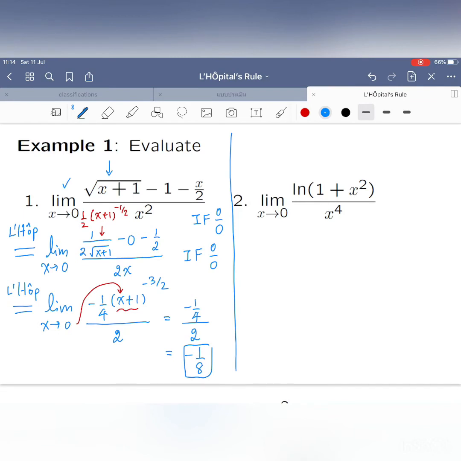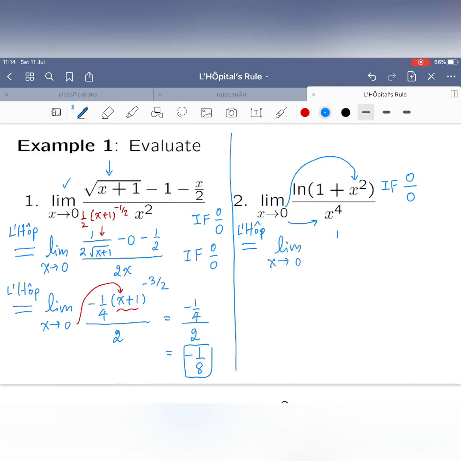How about this one? As x goes to 0, your top is log of 1, so it is 0, of course. How about your bottom? x to the fourth goes to 0 as well, so it is the indeterminate form 0 over 0. So let us use L'Hopital, just the first time.